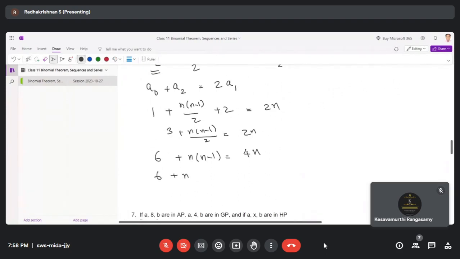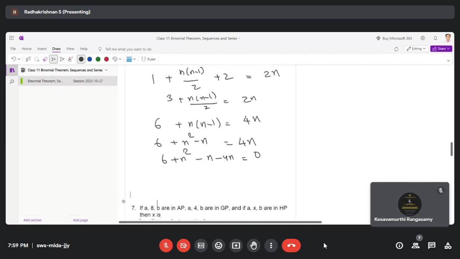Plus n square minus n equal to 4n. Multiplying n into n minus 1 is n square minus n. So 6 plus n square minus n minus 4n equal to 0. N square minus 5n plus 6 equal to 0.